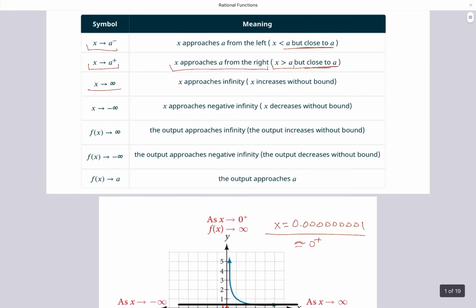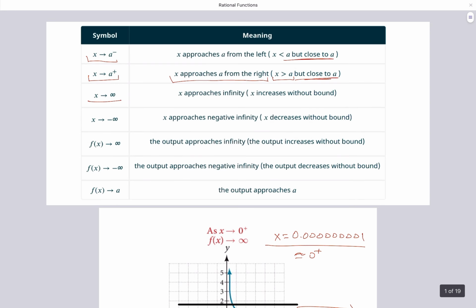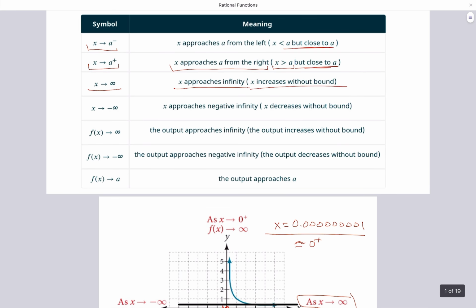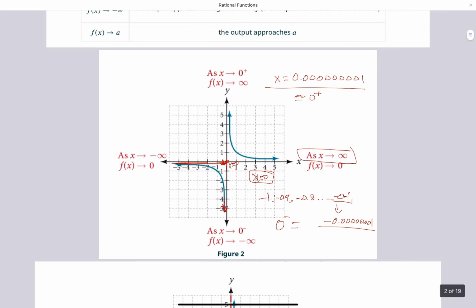Now, as x approaches infinity, x increases without bound. You need to memorize this. As they mention, x increases without bound, that means x is approaching infinity. That's just another keyword. As x approaches negative infinity, x decreases without bound, so x is going to negative infinity. What is f of x equal to?